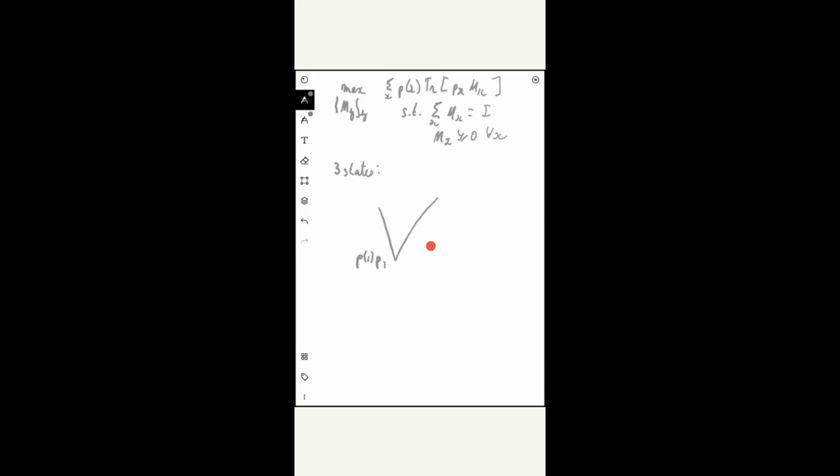You have also your second state, with probability p2 times the state itself, and third, for example, p3. It takes 3 states, because 2 can be handled by the Olivo-Hillstrom theorem, but here we need not only this, we need 3 states, we need the SDP.